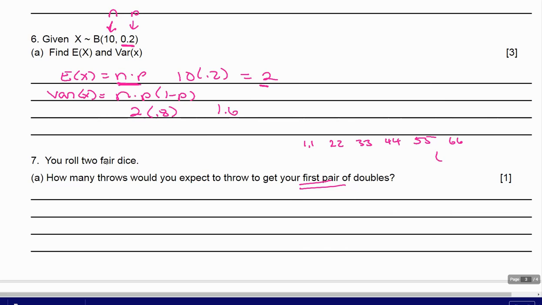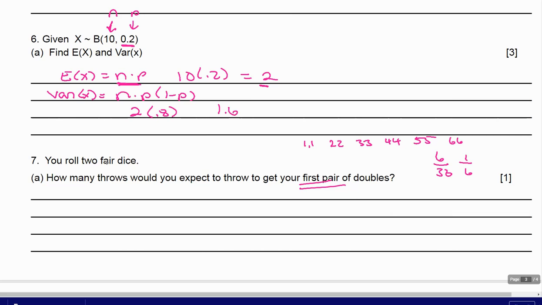Exactly. What's 6 out of 36? Okay? Now, that's the probability of getting doubles. All right? Now, that's the probability of success.